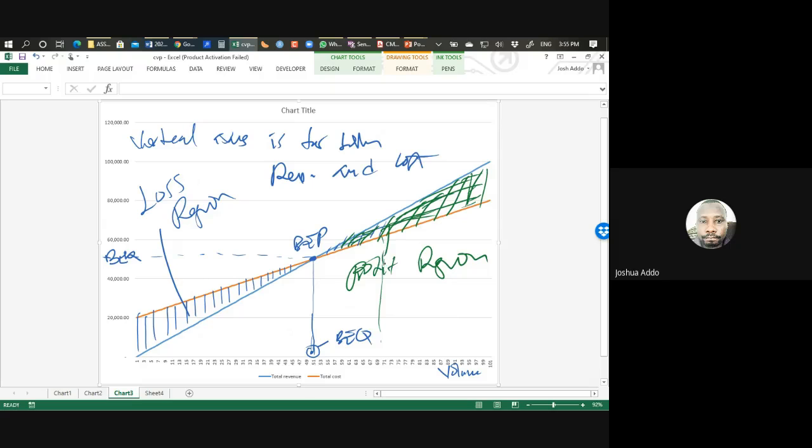up to the orange, that is giving you the total cost at that quantity. If you trace it up to the revenue line, that gives you the total revenue. And you always realize that the total cost will be below the total revenue, and the difference represents your supernormal profit.